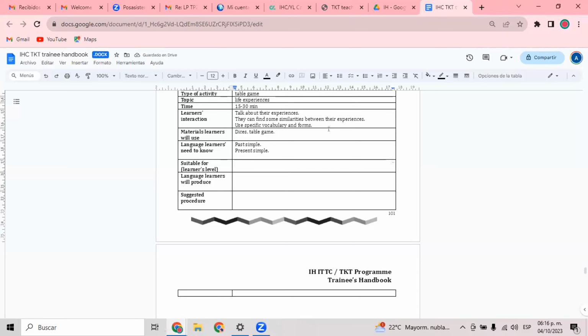Suitable for learners' level. It could be like for starters, right? Yes, it's for starters.